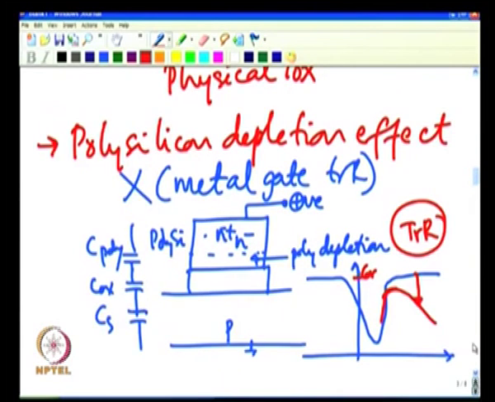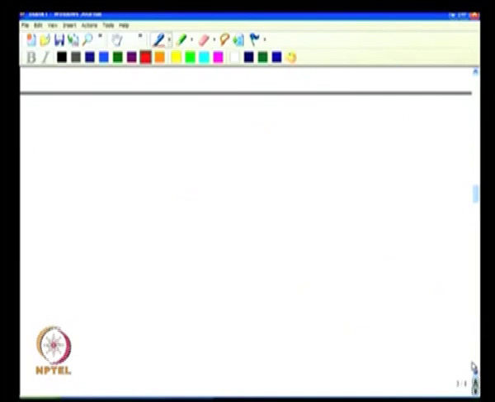So, this is one other very important non-ideality that we want to keep in mind, and again as I said, in a metal gate transistor this is not an issue. So, the one last non-ideality that I want to talk about is during the measurement.